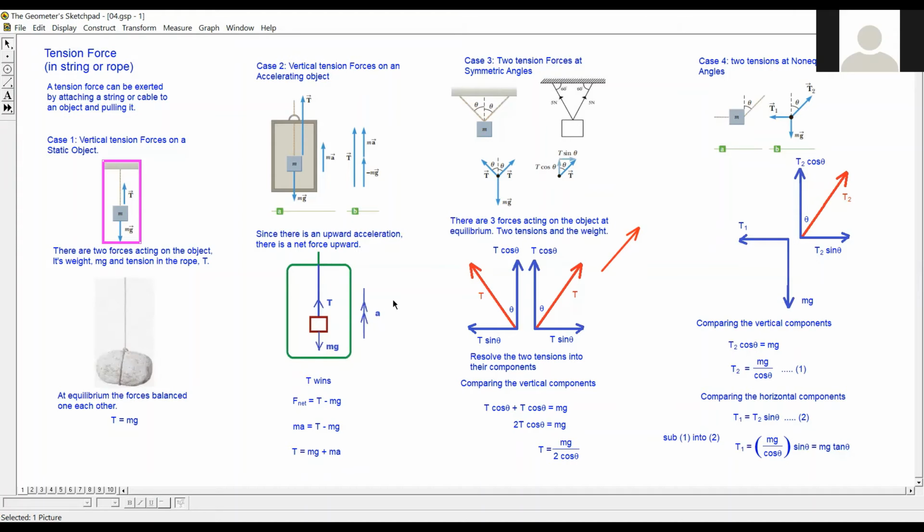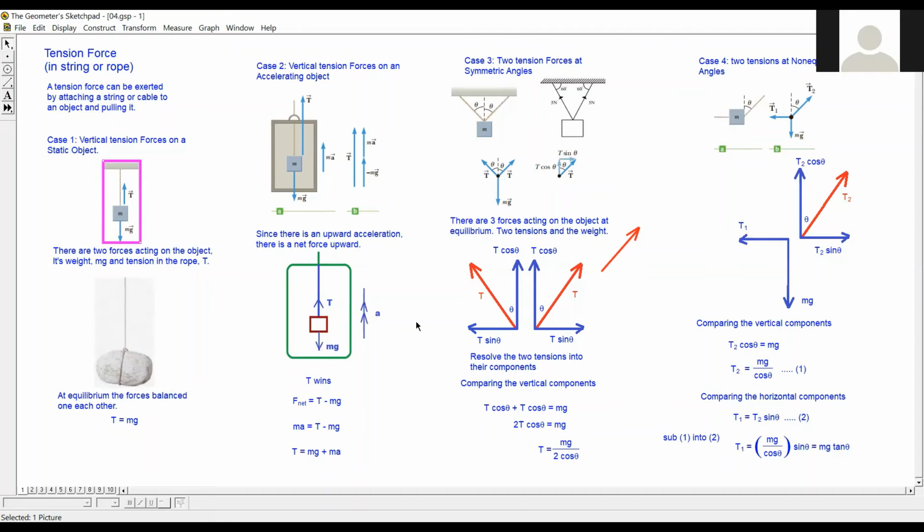Okay, now I would like to ask you, if this object is accelerating upwards, which of the two forces is bigger? The tension is bigger or the weight is bigger? The thing is moving up.